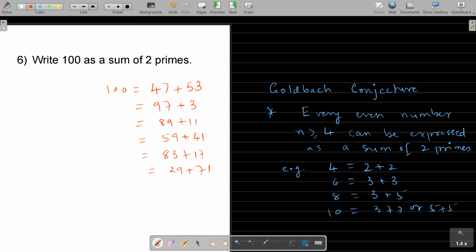What else? 37 plus 59 won't be 100. 71 and 29, we have already written that.